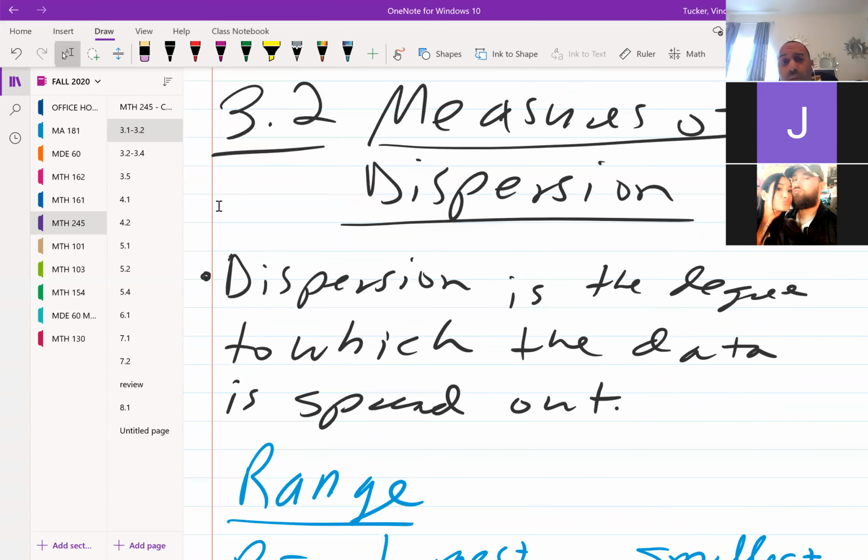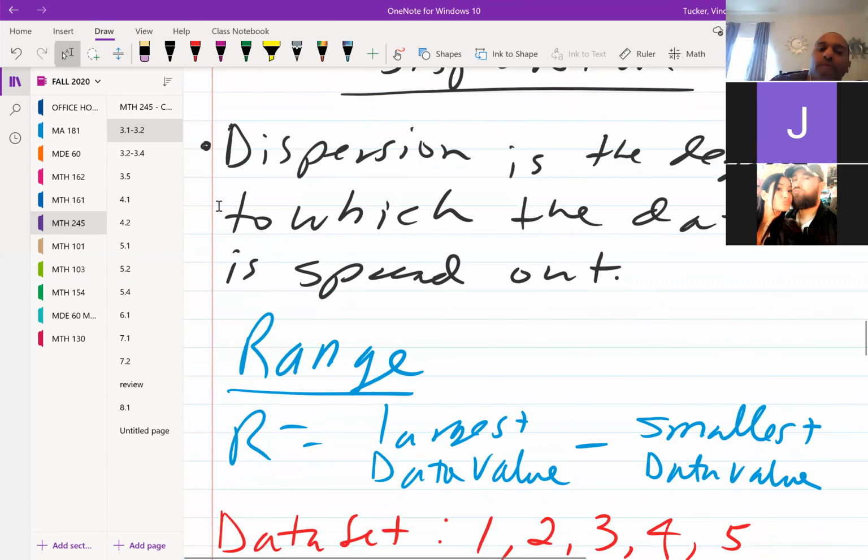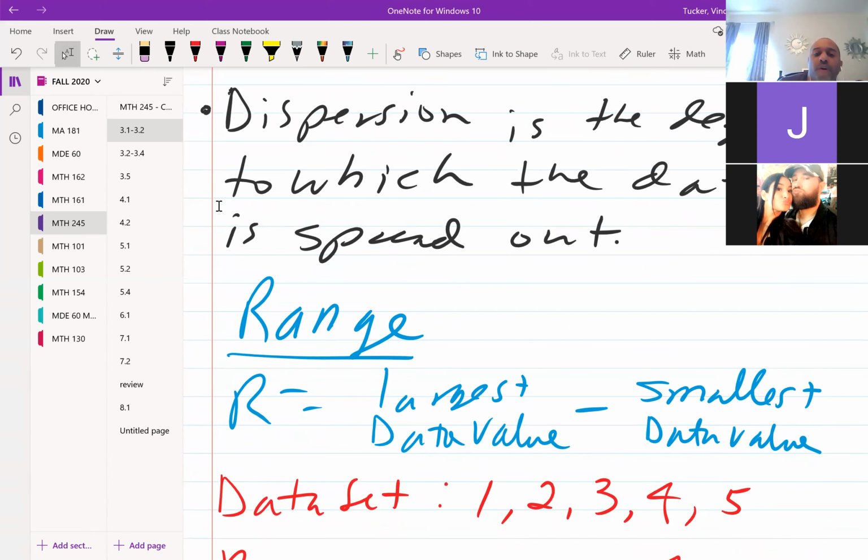All right, so measures of dispersion. Dispersion is the degree to which the data is spread out, in other words, dispersed. First one, we're looking at the range.